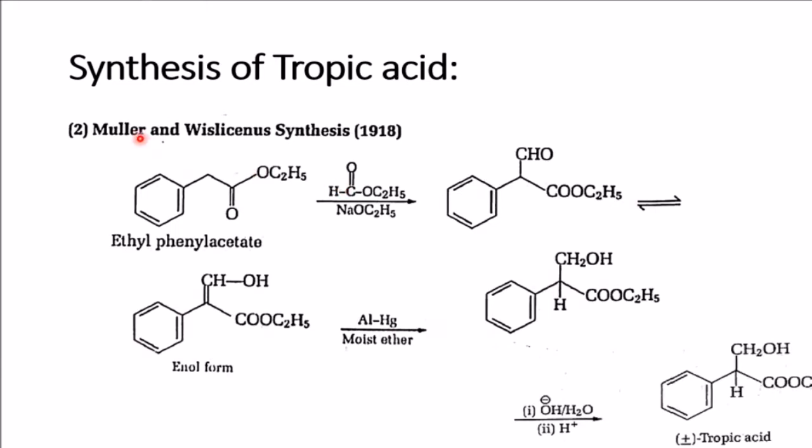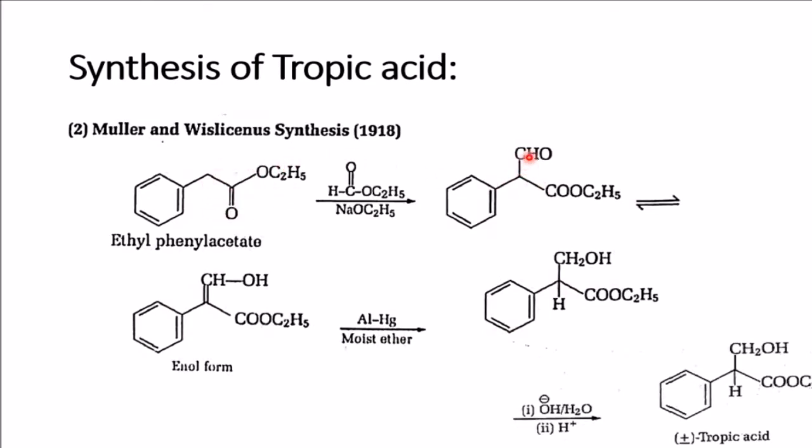Another synthesis is the Muller and Wislicenus synthesis in 1918, where ethyl phenyl acetate is treated with this ester and sodium ethoxide. It is going to give the carboxylic ester derivative converted into an aldehyde derivative, which is in keto-enol form.